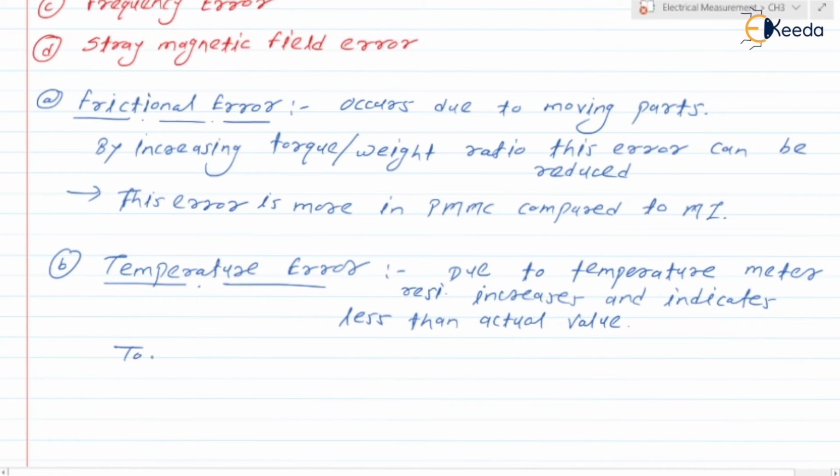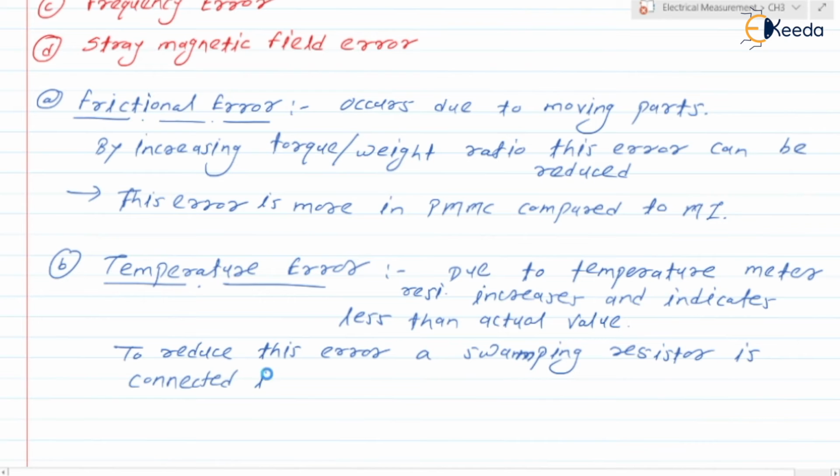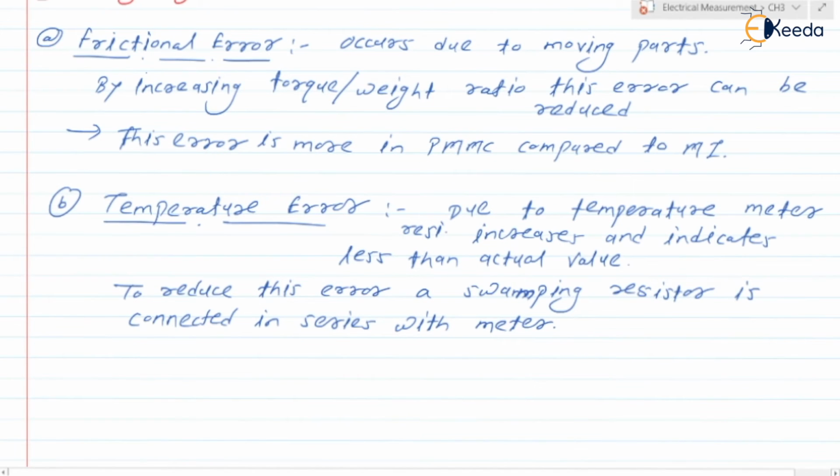The swamping resistor value is generally 30 to 40 times the meter resistance.